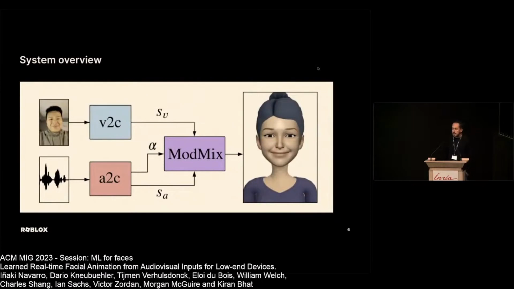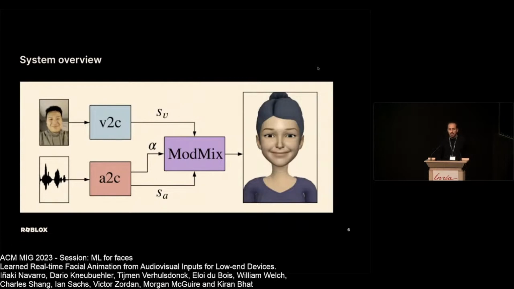And as I said, we derive the animations from audio and video into different separate streams. The video stream takes frames, and we call it V2C, and produces both head tilt and expressive animations from the mouth region and from the upper side, eyebrows and eyes.